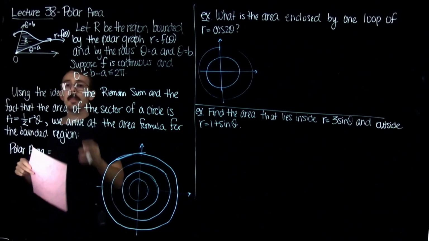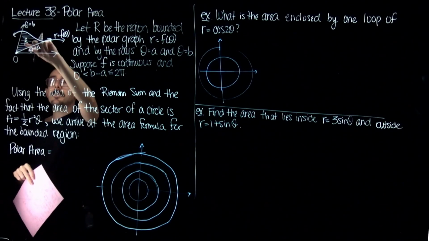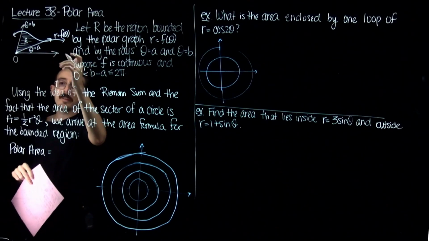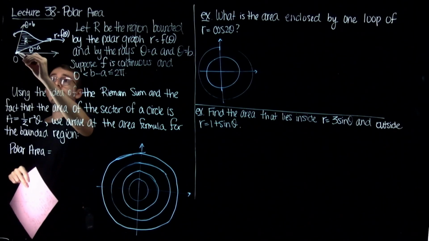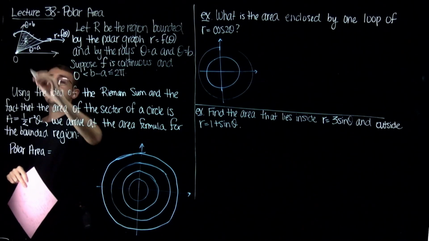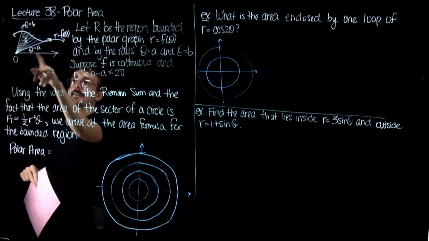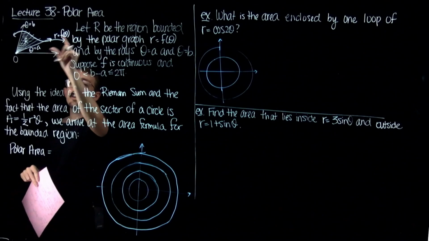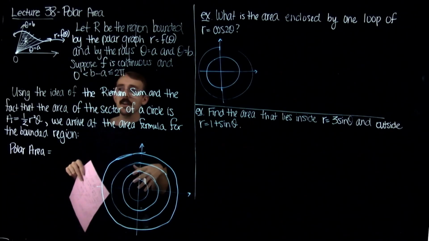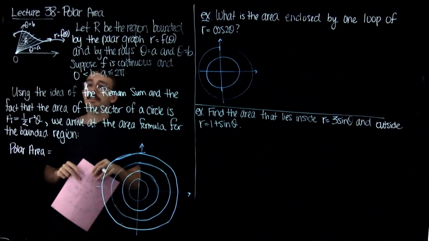So we have this going on. If we were to take this sector and take slices, think back to calculus 1 with your rectangular slices under the curve. If you took smaller and smaller slices, where you could think of the delta x this time as the change in the angle, then as this becomes smaller and smaller, you could use the idea of Riemann sums to get an exact area formula using the integral.